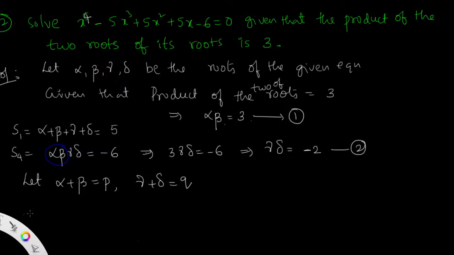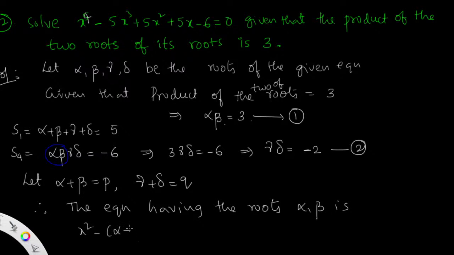Since alpha beta is 3 and gamma delta is minus 2. Like the previous problem method, the equation having the roots alpha and beta is x square minus alpha plus beta into x plus alpha beta equal to 0, that is x square minus px plus 3 equal to 0. Let this be equation number 3.